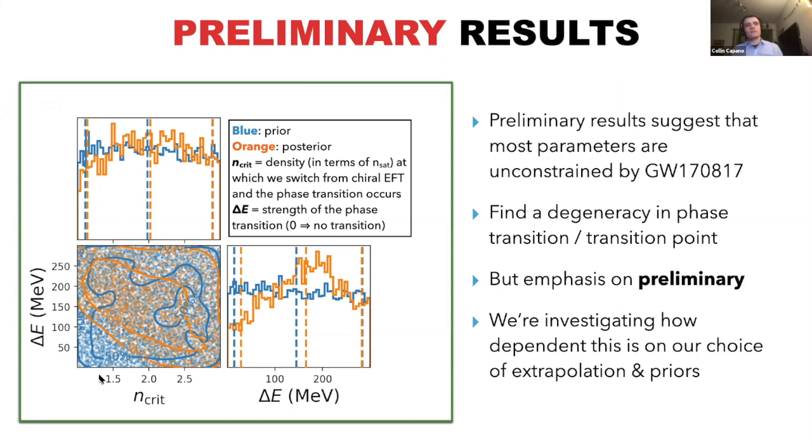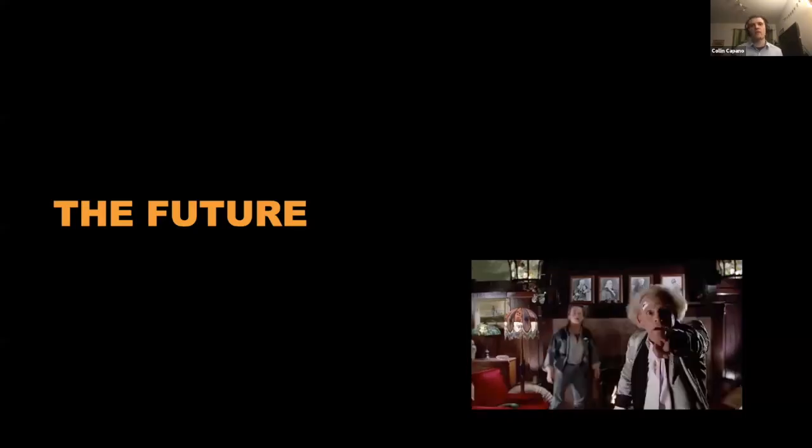However, if you use a nuclear description of matter up to twice density, then you don't need a first order phase transition. So there's this degeneracy that you can't quite untangle with the current data. To dig into this more, we're really going to need more observations in the future. That brings me to the last bit of my talk, about what we can expect to do in the future.